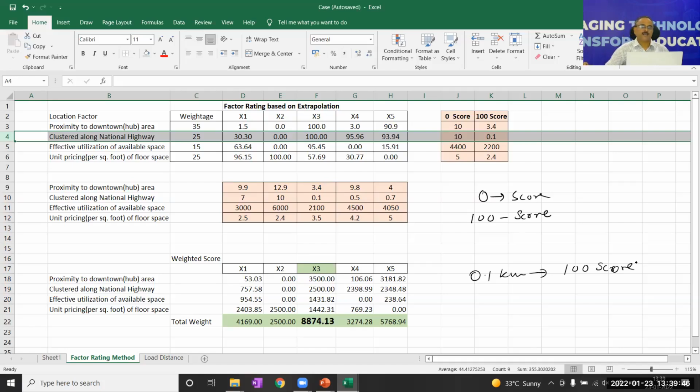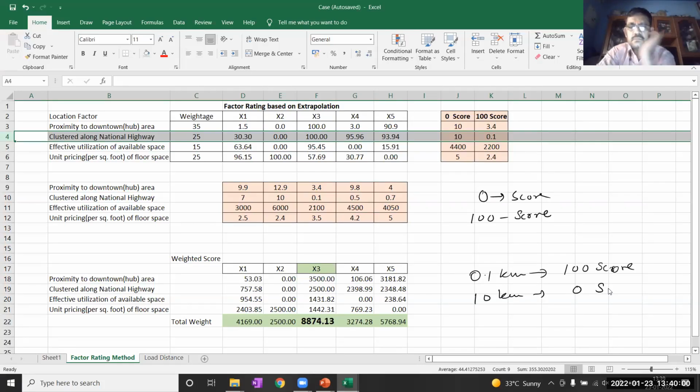And since for extrapolation the maximum distance is mentioned as 10 kilometer, we will say that whatever distance is 10 kilometer and beyond, we will give a score of 0. Okay, and now based on this scale, whatever the individual distances are, we can give a rating to that.